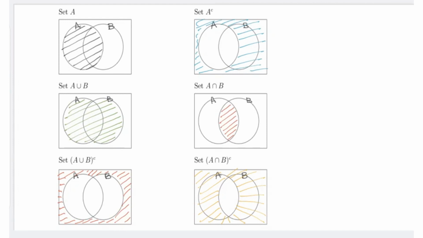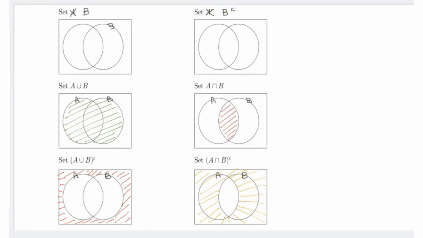Okay. Since this is getting a little bit confusing, I want to change this form here. I don't have a Venn diagram anymore, but let me see. If I change this question, instead of A, I ask you to find the B complement.